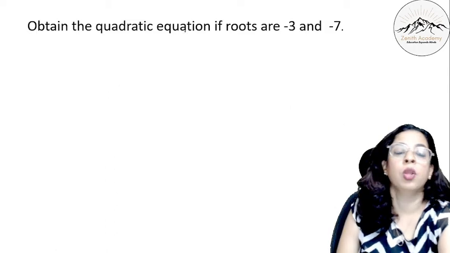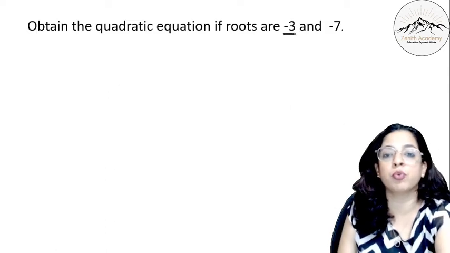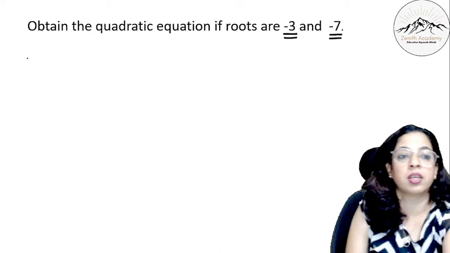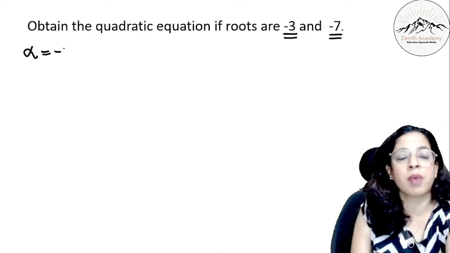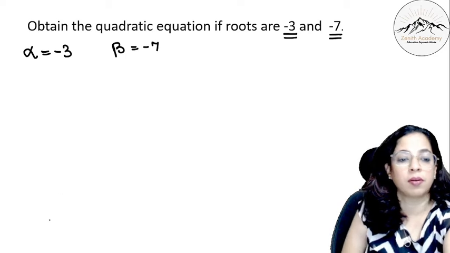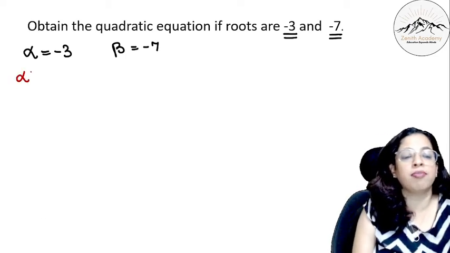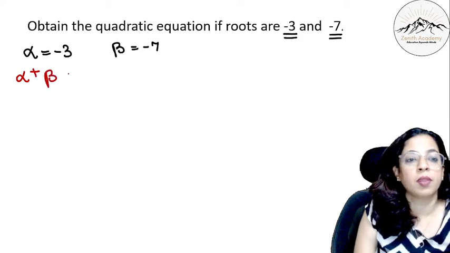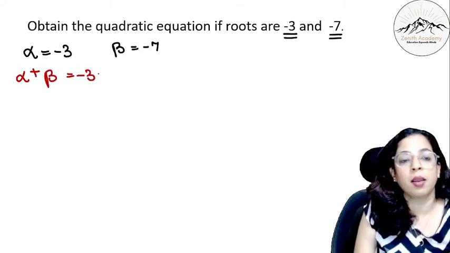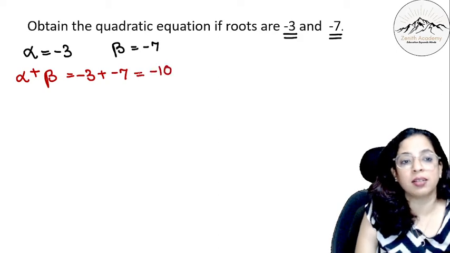इट? See, obtain the quadratic equation if roots are -3 and -7. Okay, so alpha is -3 and beta is -7, correct? So what will be alpha plus beta? It will be -3 plus -7, so it will be -10, right?